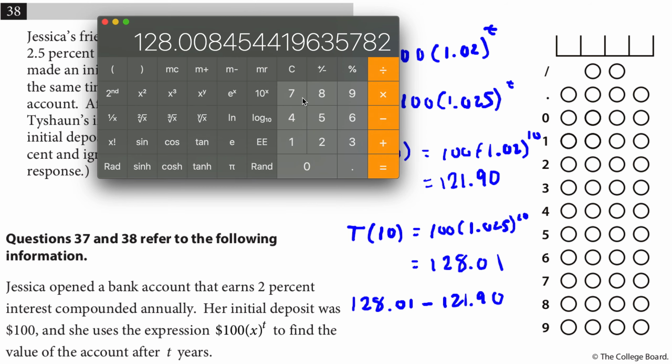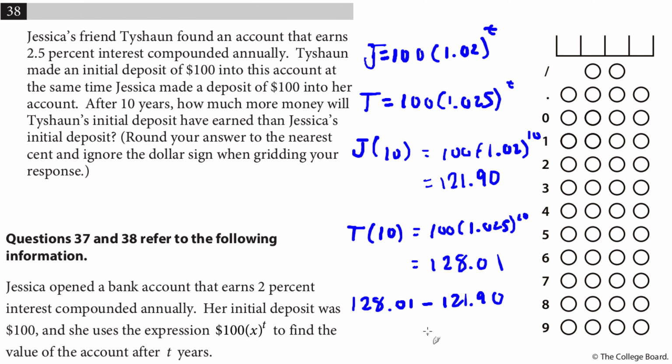So I'm just going to go ahead with it. 128.01 minus 121.90, and I get $6.11. Now, let me bubble that in, 6.11.